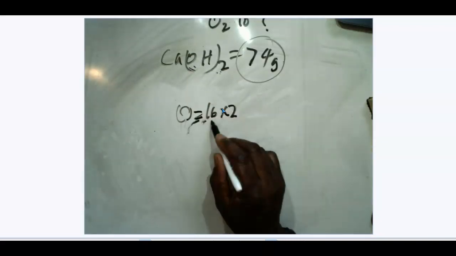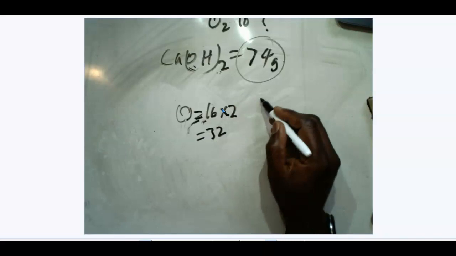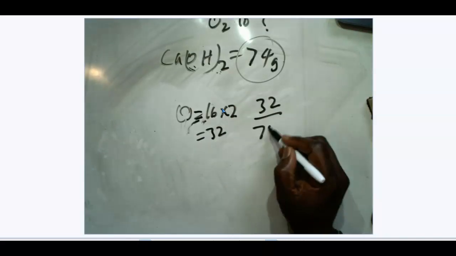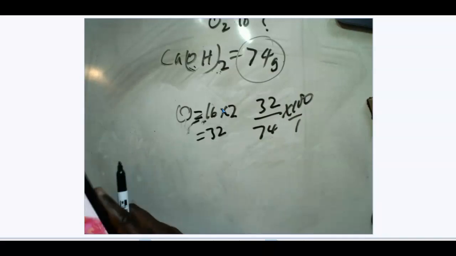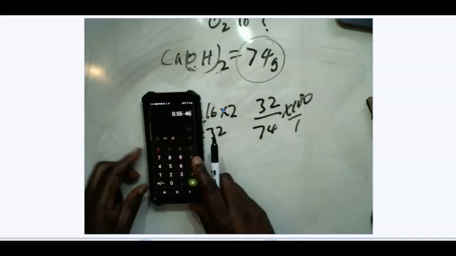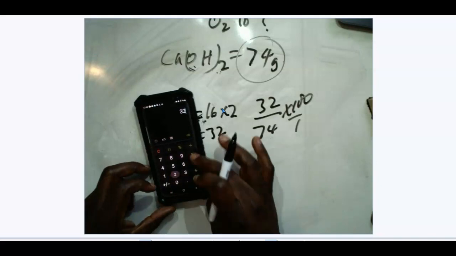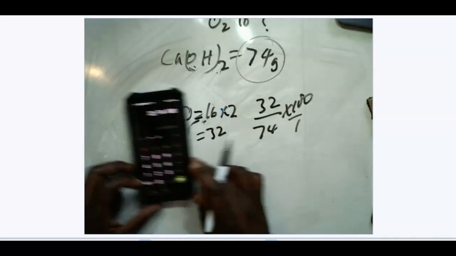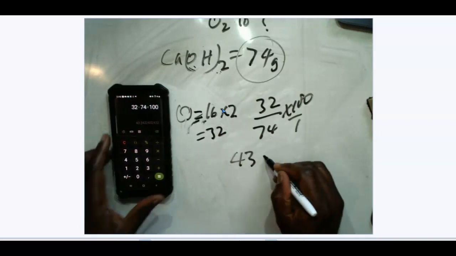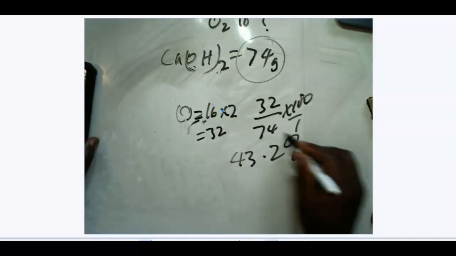So you have 2 oxygen, which is 32. So percentage is 32 over 74 times 100 over 1. That will give us 43.2%.